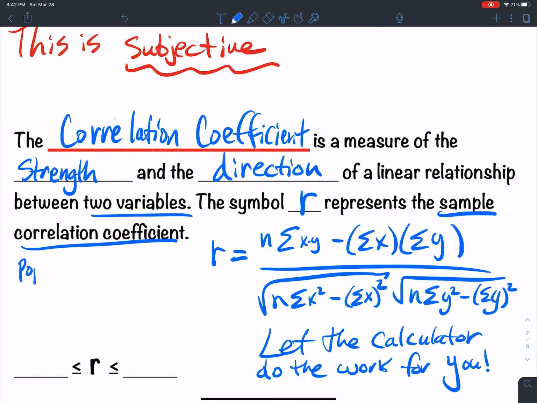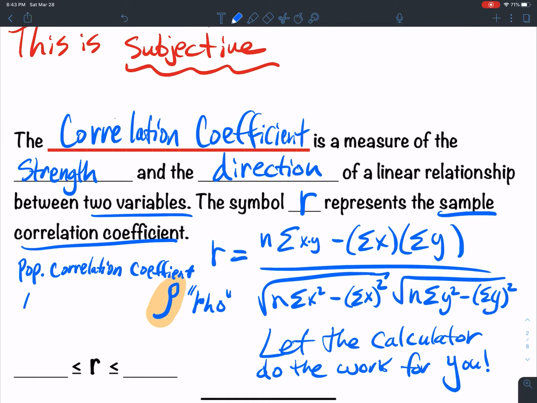The population correlation coefficient is rho. Kind of like row your boat, right? So it's rho. That's the population correlation coefficient.